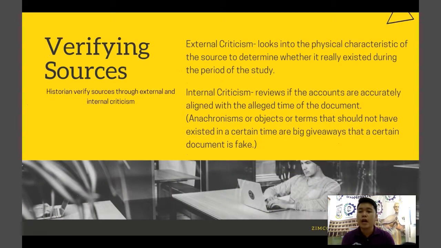The question is, how do we verify sources? Now, this is actually one of the most evident problems that we face in the Philippines. There are a lot of posts and information that are actually being spread by some people and organizations with actually questionable sources.